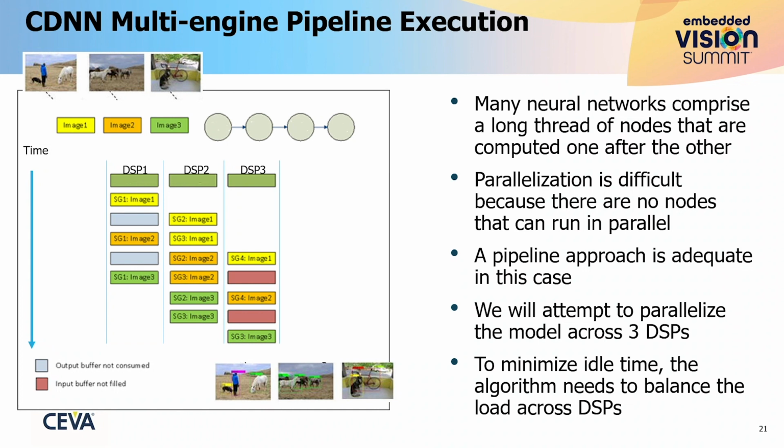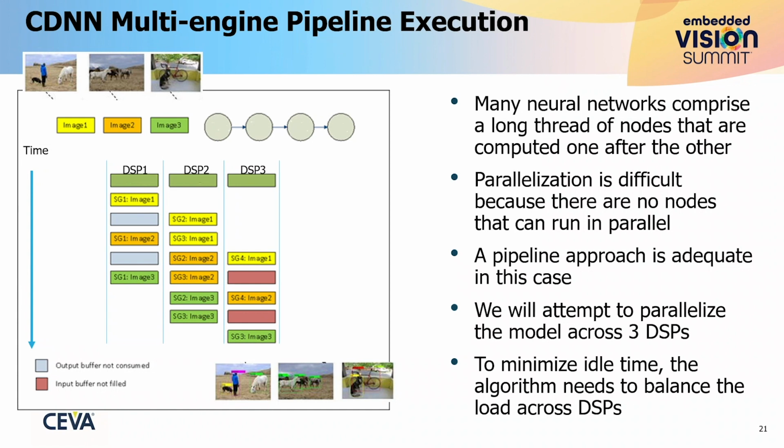The last paradigm I would like to show is the pipeline paradigm. As I said, it's a bit not very intuitive, but this is the time domain, the vertical axis. As we can see, we have 3 frames and 3 cores. We feed the first frame into the first core, which does part of the work, and then transfer the results to the second core.